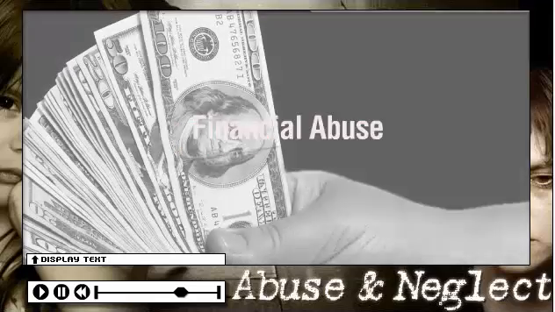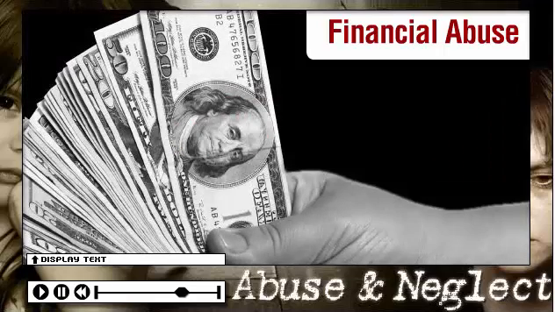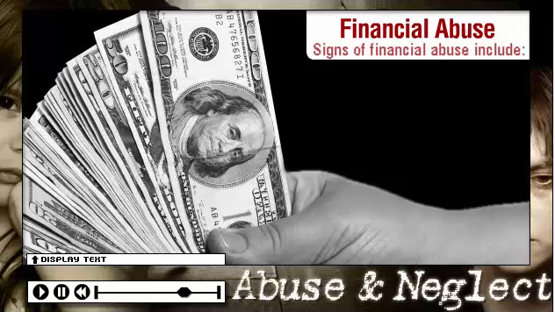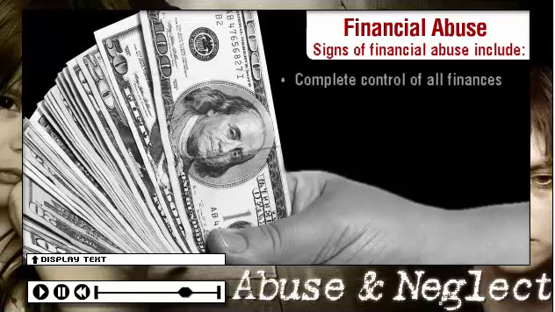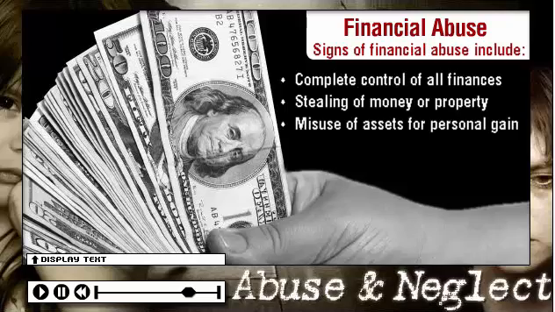Financial abuse. Financial or economic abuse involves the use of a person's money, property, or assets without their approval. Signs of financial abuse include complete control of all finances, including money and credit cards by another person, stealing of money or property, misuse of assets for personal gain.